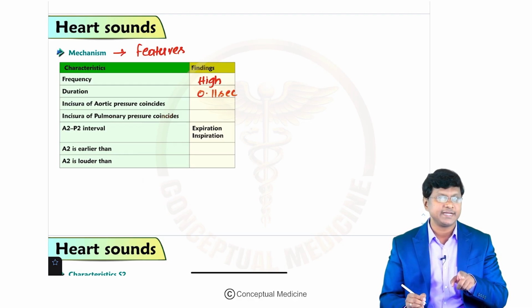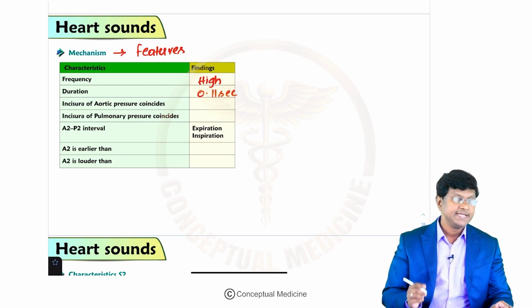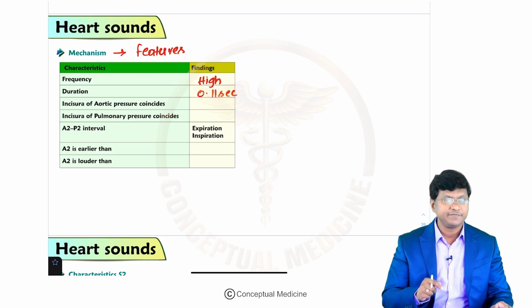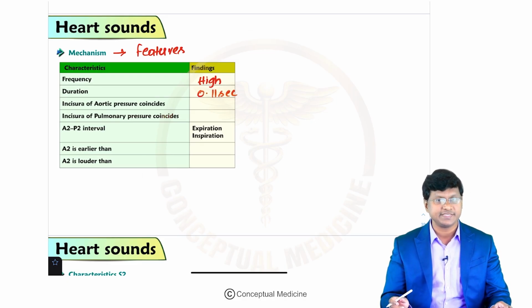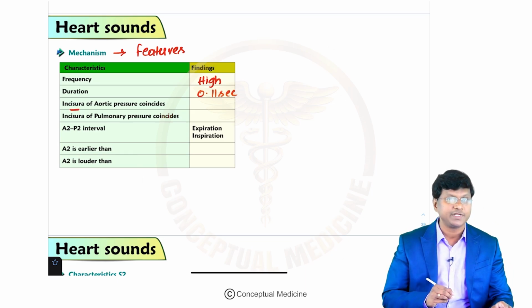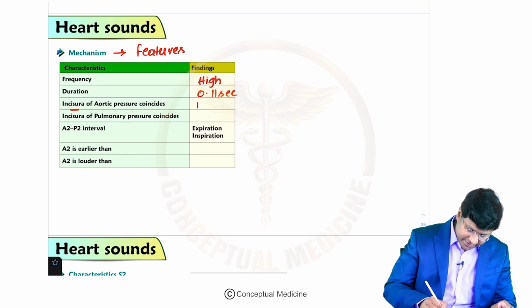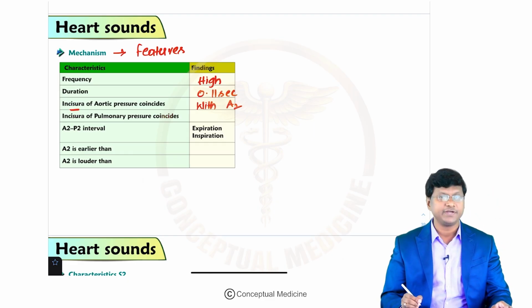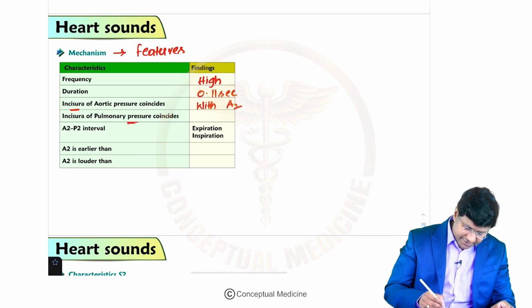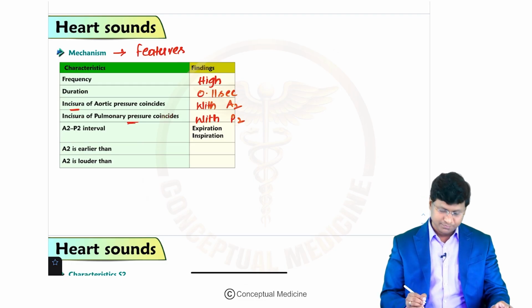And the frequency of the first heart sound is moderate to high, whereas the second heart sound is a high frequency sound. The incisura of the aortic pressure coincides with A2, and the incisura of the pulmonary pressure coincides with P2.